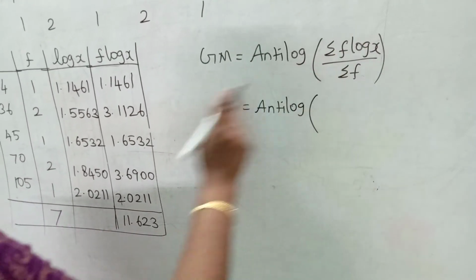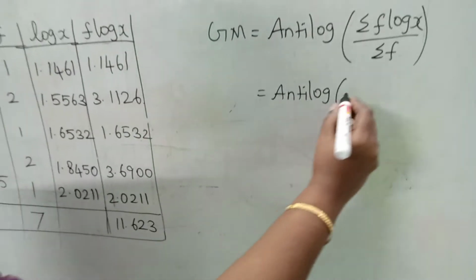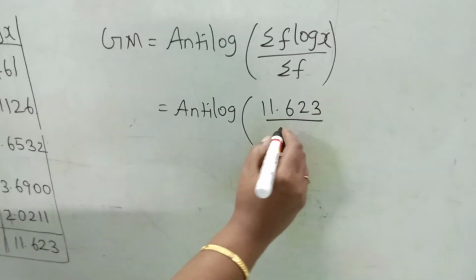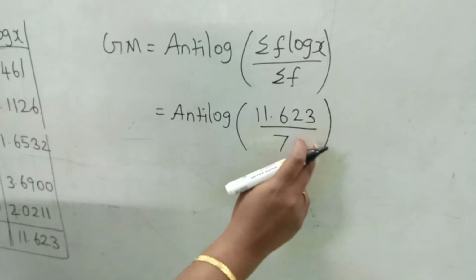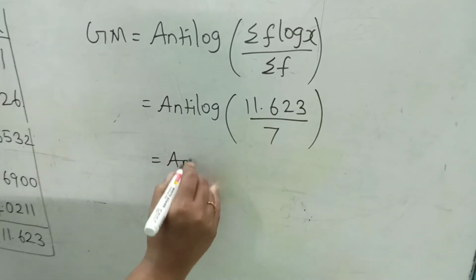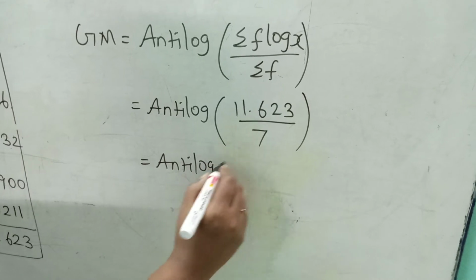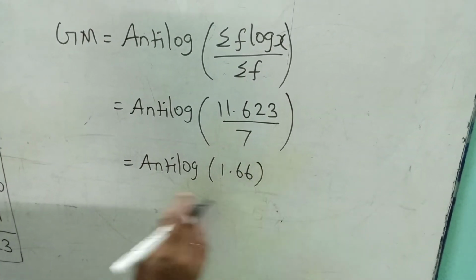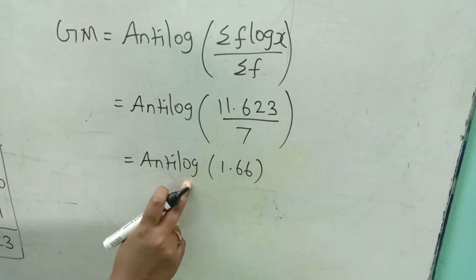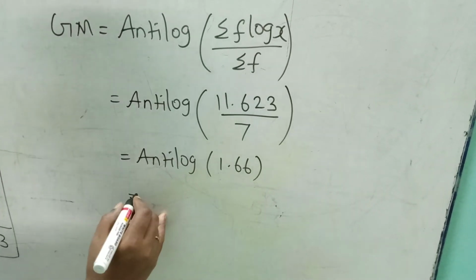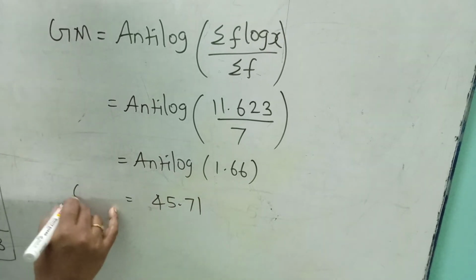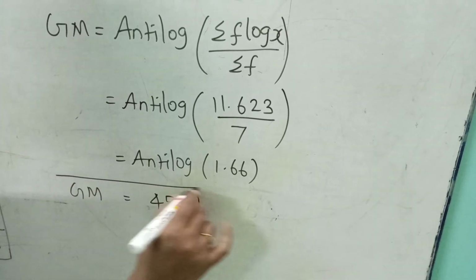Sigma f log x is 11.623 and sigma f is 7. Dividing 11.623 by 7, we get 1.66. Using the scientific calculator, antilog of 1.66 is 45.71. Therefore, GM is equal to 45.71.